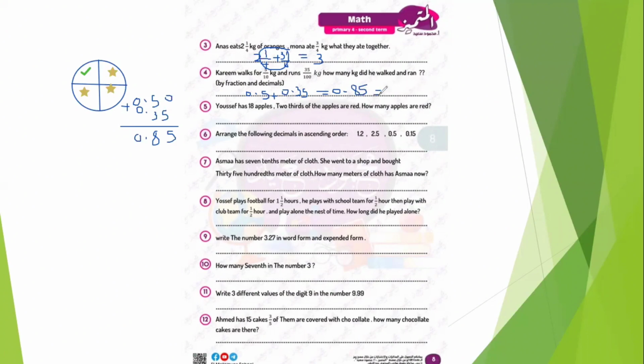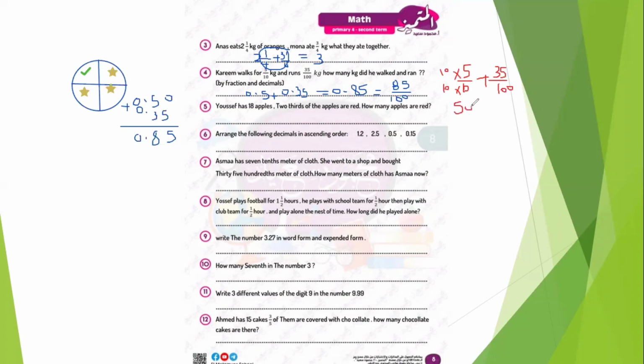But he needs the answer in decimal and in fraction. How can I write this as a fraction? It's 85 out of 100. We can solve it in another method. We can add 5 out of 10 plus 35 out of 100, but we don't have the same denominator. So we can multiply 10 by 10 to be 100 and also multiply 5 by 10 to be 50.